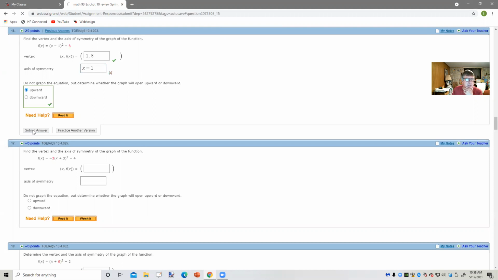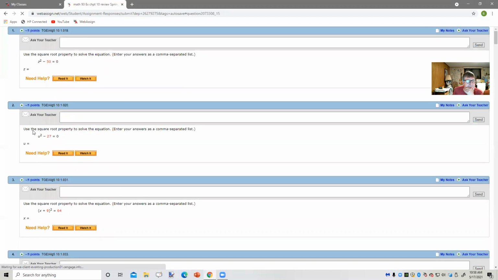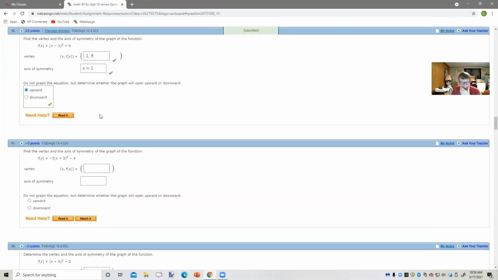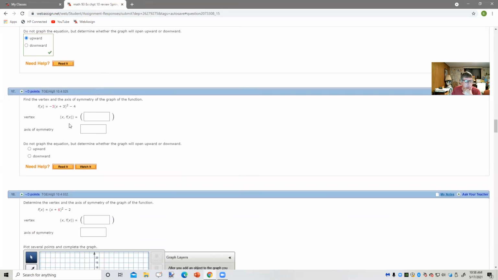So the axis of symmetry is an equation. It's always x equals whatever h is. Okay, how about this one? The vertex would be at -3, the inverse of the inside and the opposite of the outside. So it's going to be at (-3, -4).